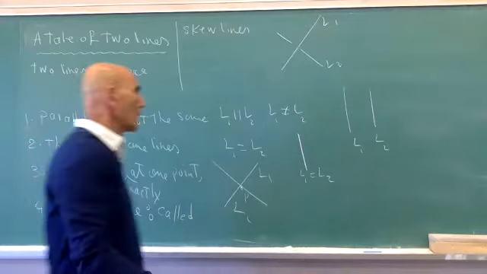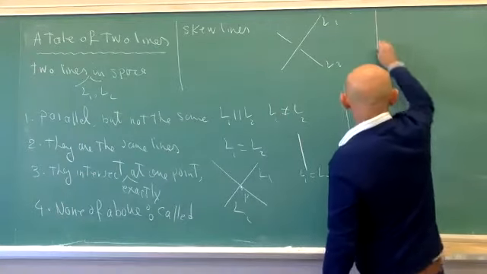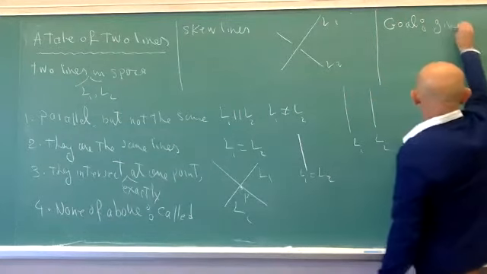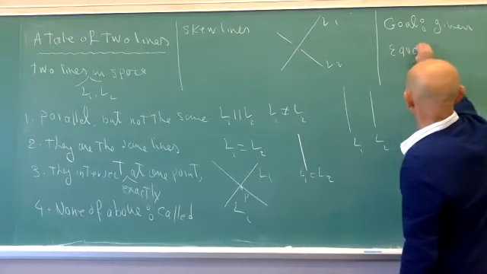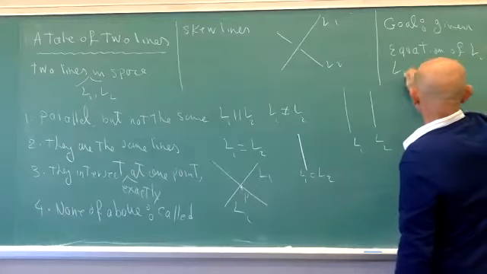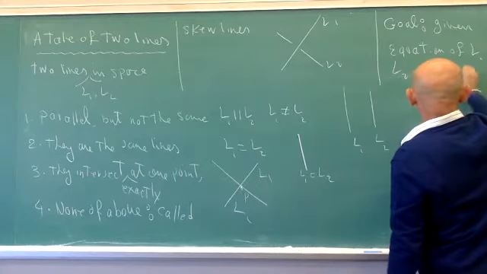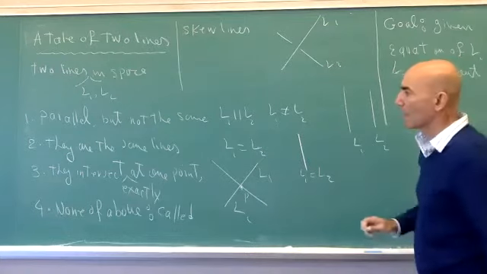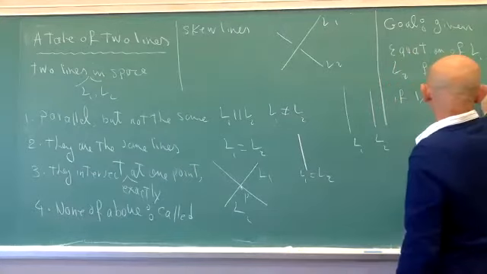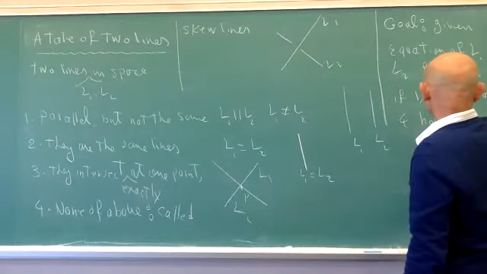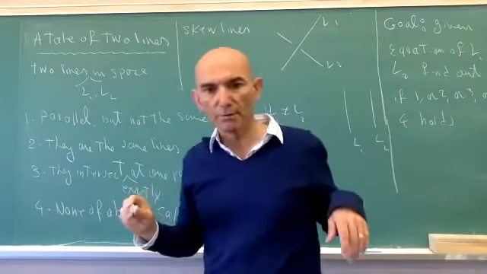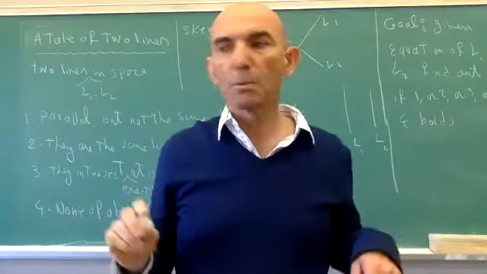So the goal now is this: given equations of L1 and L2, find out if 1 or 2 or 3 or 4 holds, just from the equations. I have to give you examples of this, obviously. So we have to do examples.